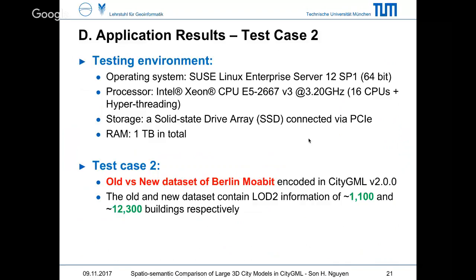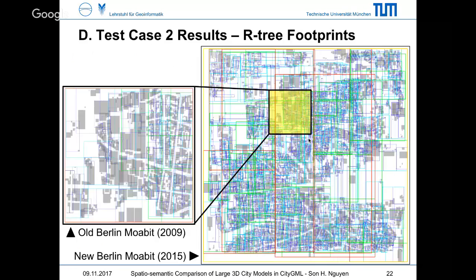In the second test case, we use the same test environment, but we use different input datasets. We use the old and new datasets of Berlin Moabit. The old dataset has approximately 1,100 buildings, and the new dataset has 12.3 thousand buildings. Here you can see on the left-hand side the old Berlin Moabit, and the new Berlin Moabit on the right-hand side.